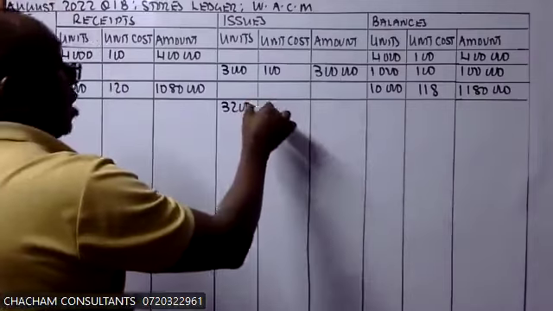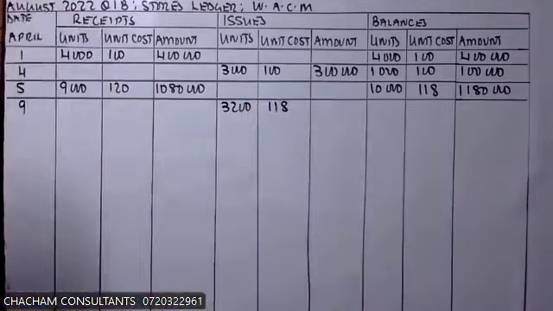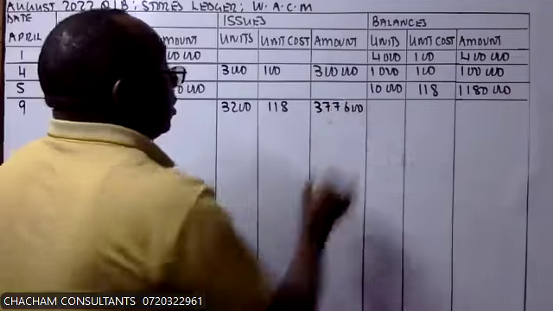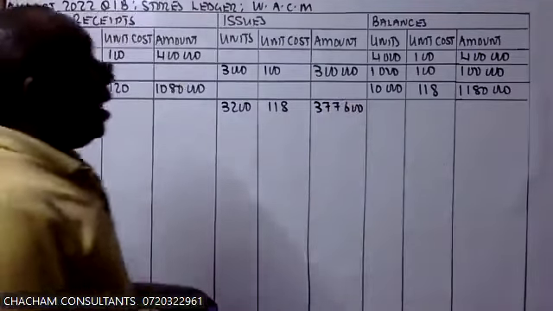So you're issuing at 118. Multiply and tell me what it is. $377,600.